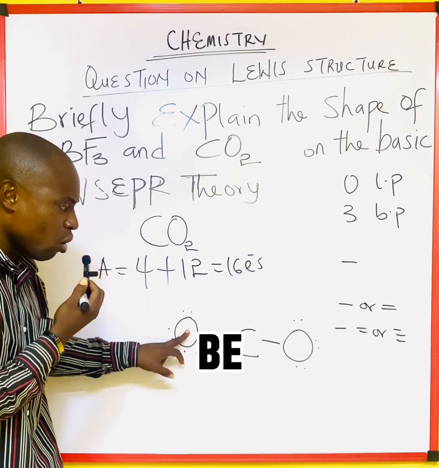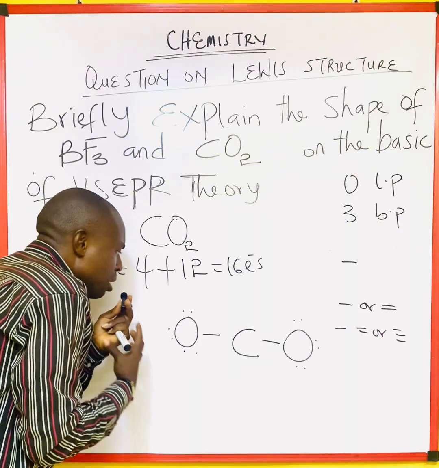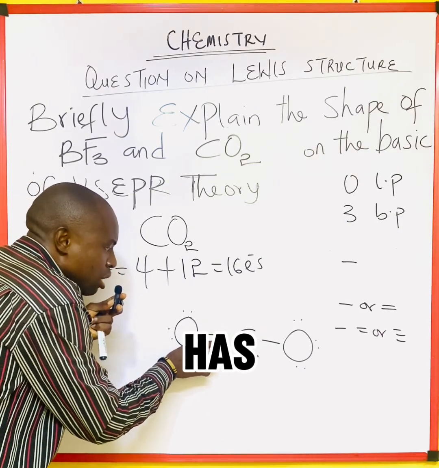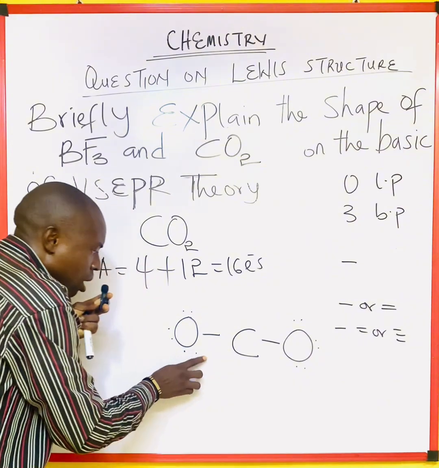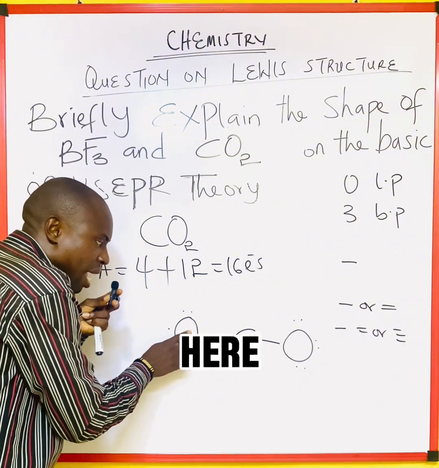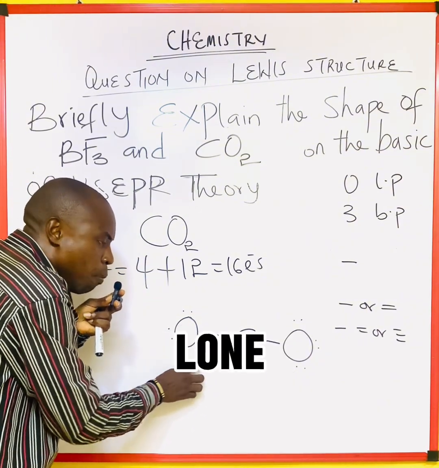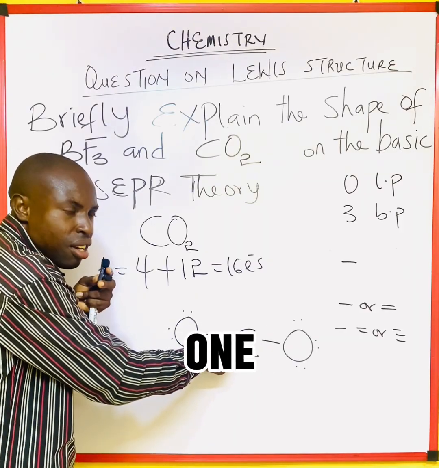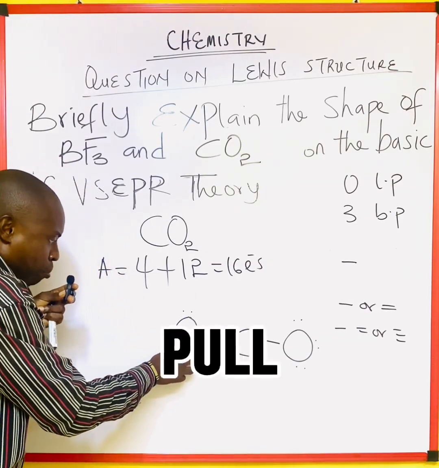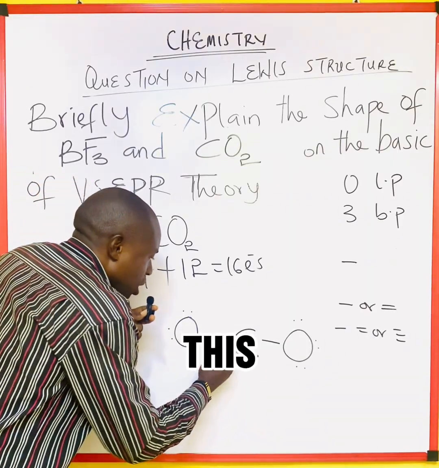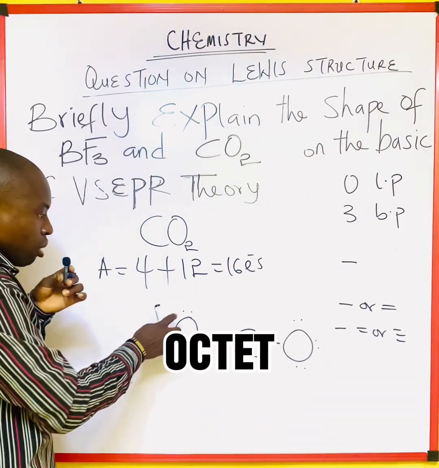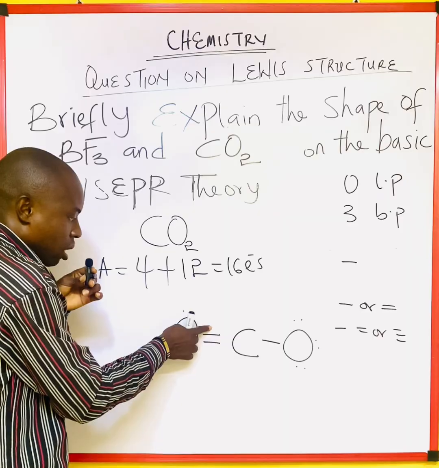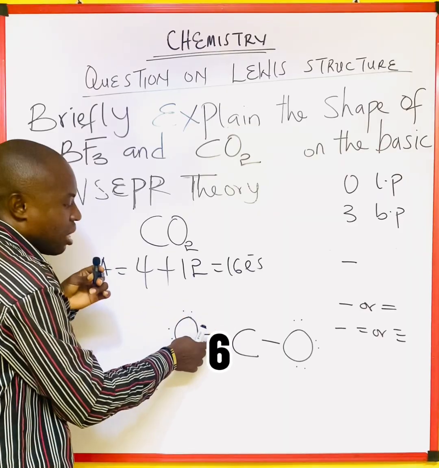Now here something can be done. Say this one has a single bond, the oxygen atom here can remove one of its lone pairs and share it with carbon. So here can pull out to give me this. Is it still octet? 2, 4, 6, 8.